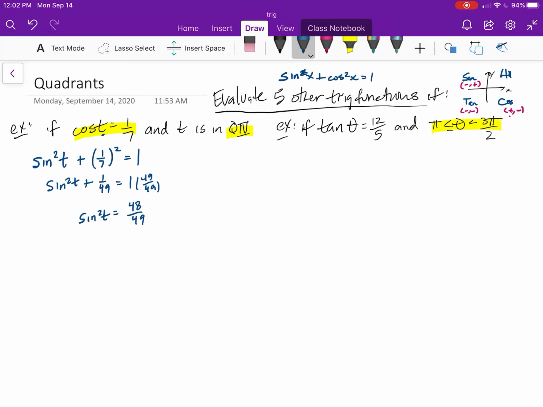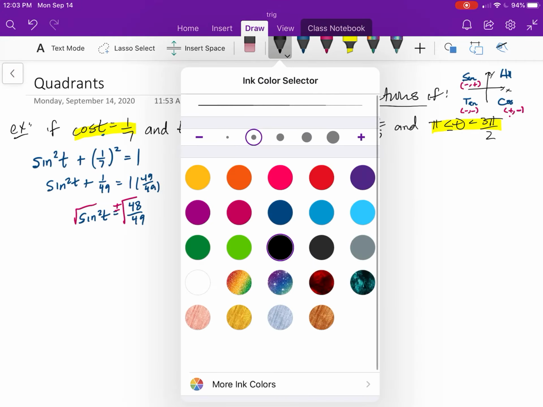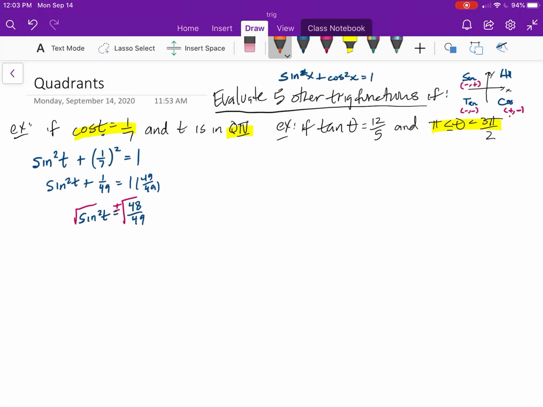Sine squared. And just like solving for x squared, we can take the square root. Now remember, when you do square root, you get a plus minus, okay, always. We could have actually even started with, get one more color in here, orange is fine.